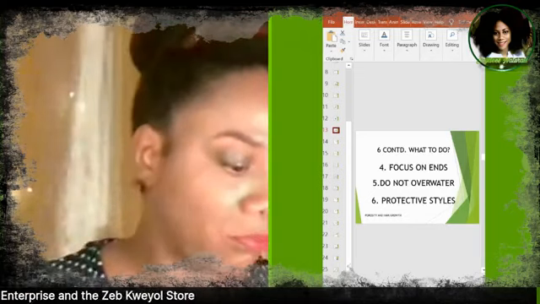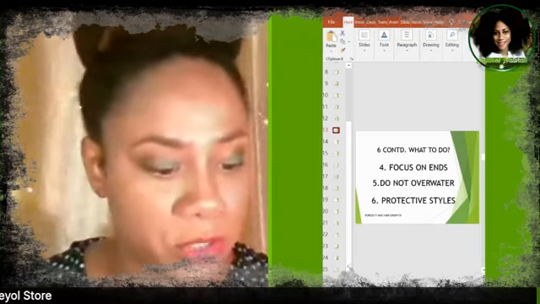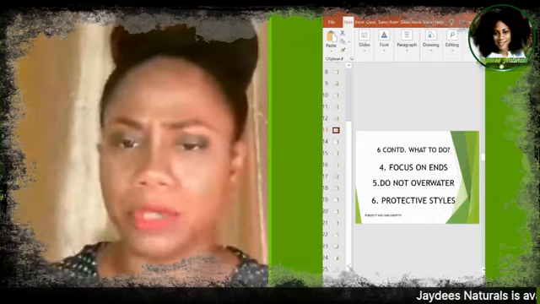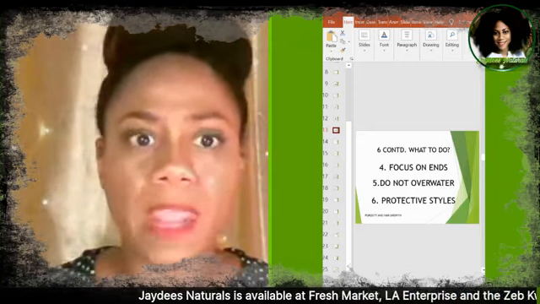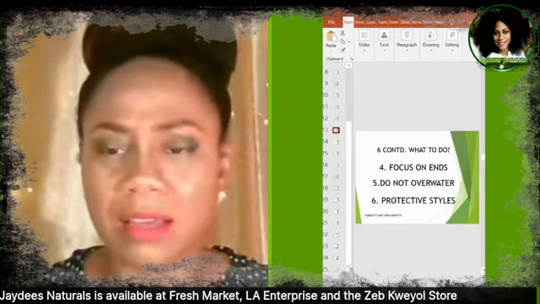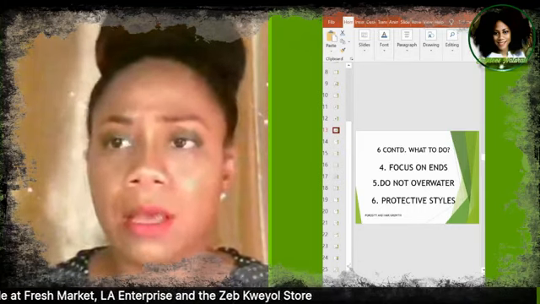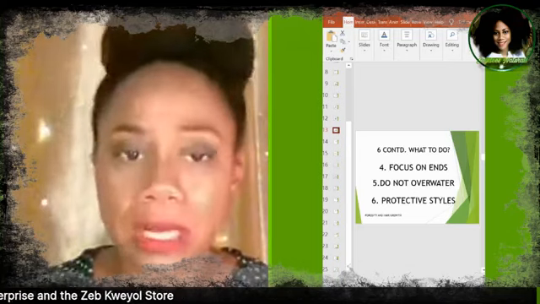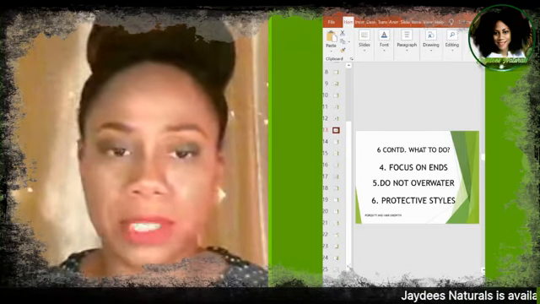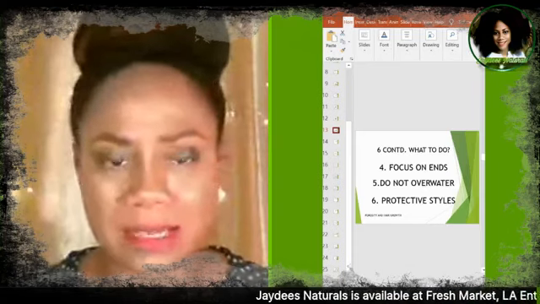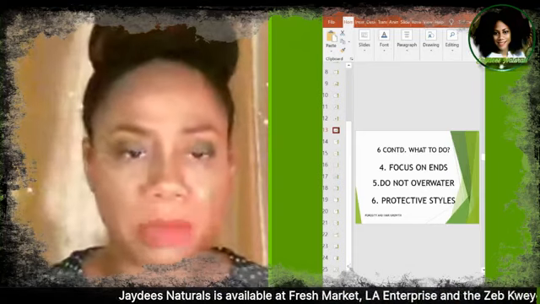Okay, right. Now for those with low porosity, remember I said that protein treatments are not so much your friend, but sometimes you do need a little protein treatment when you find that your hair might get a little bit too elastic, and you maybe need to put that structure back in your hair.